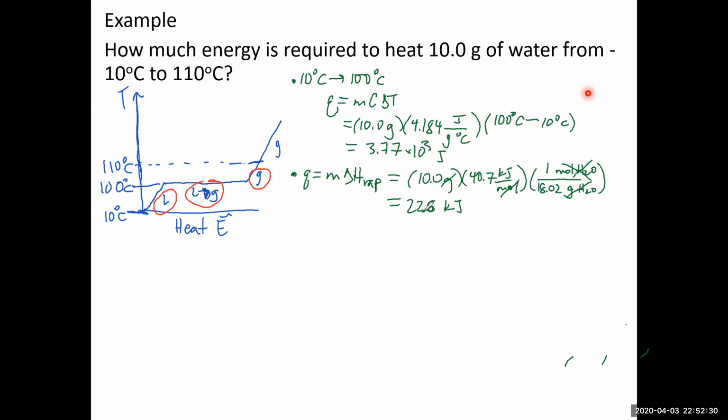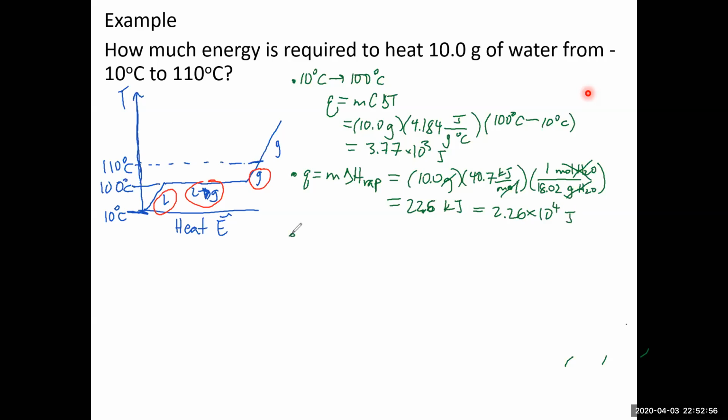Notice that our units need to match. So in our first calculation, we ended up with units of joules. So for that reason, let's go ahead and convert our kilojoules here into joules. And that gives us 2.26 times 10 to the 4th joules.